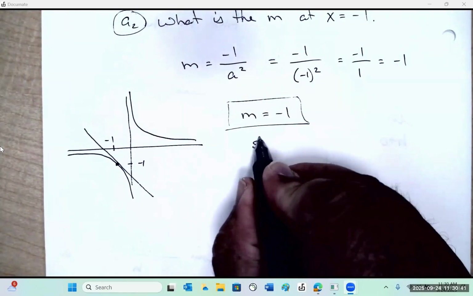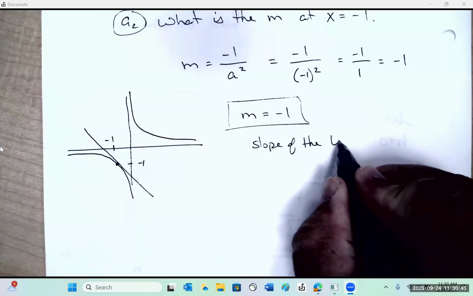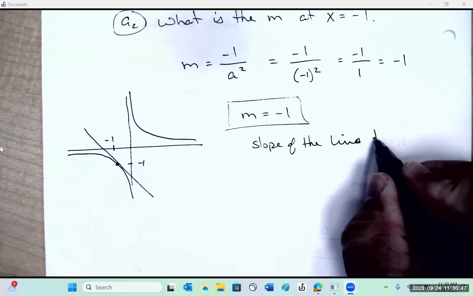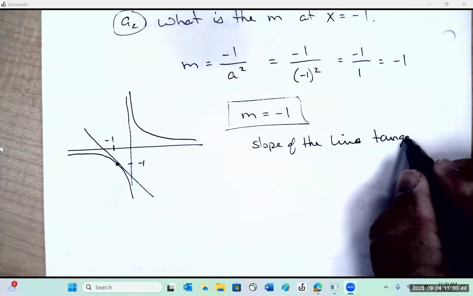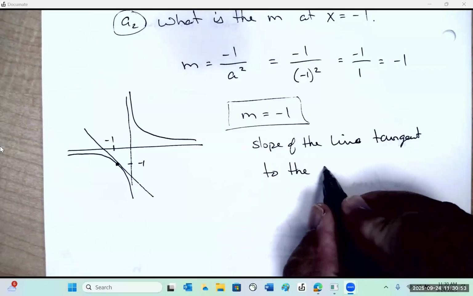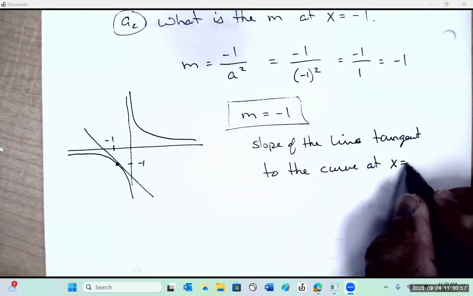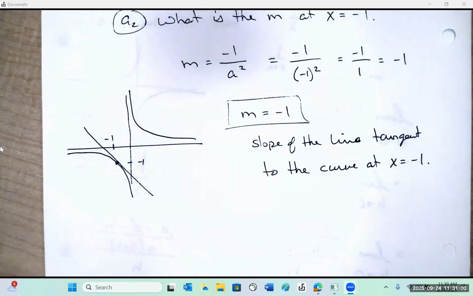This is the slope of the line tangent to the curve at x equals -1. That's the rate of change of the tangent line at that point.